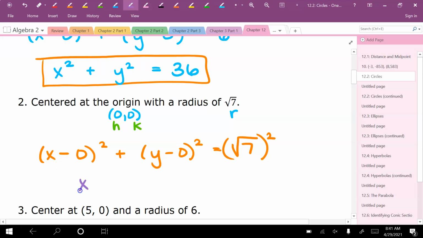So we're going to have x squared plus y squared, because again, when you subtract 0, it doesn't do anything. And then just like we were talking about from yesterday when we were dealing with the square roots in the distance formula, when you square something that's underneath the square root sign, those things cancel each other out, so this is just going to equal 7.